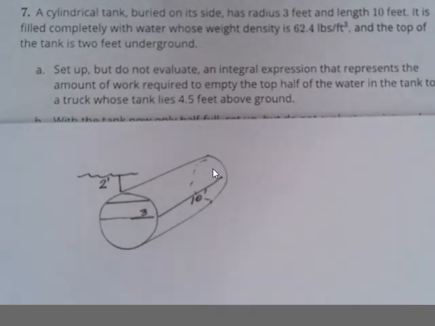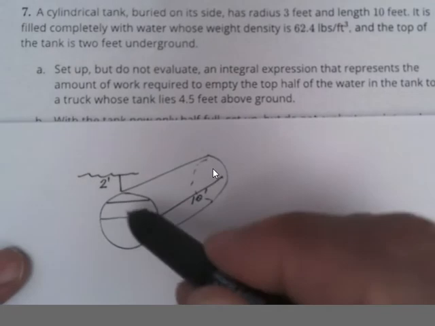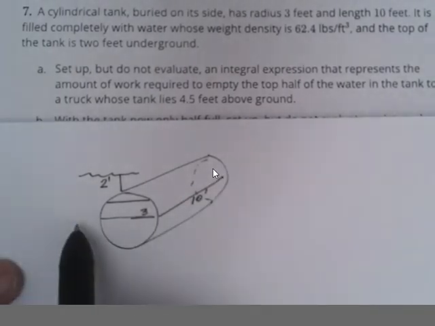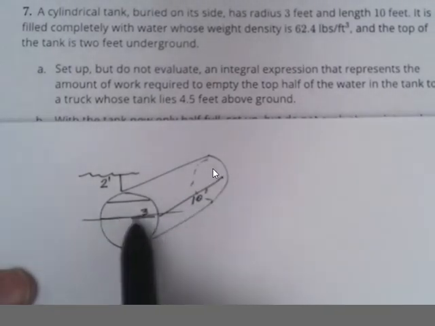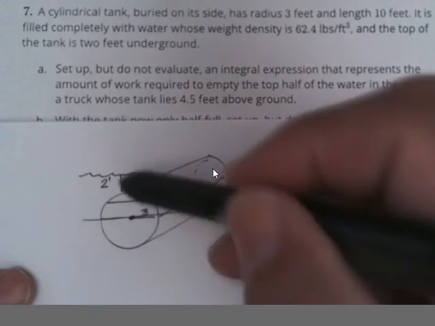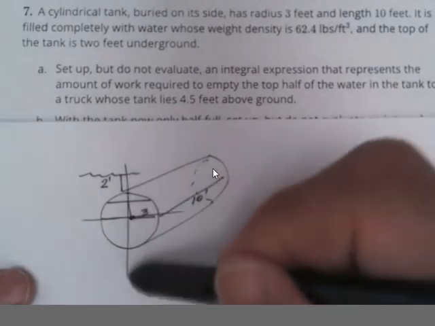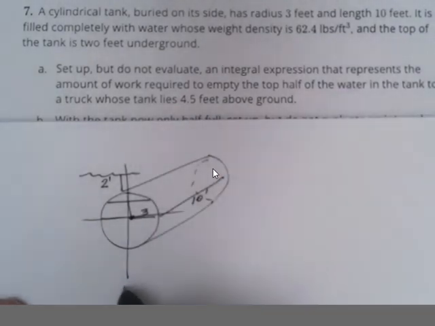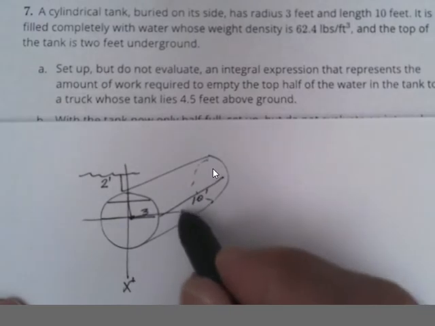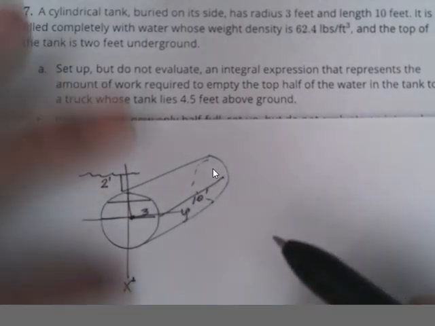So now I need to set my axis on this, and this time I'll still do the y sideways, but I'm going to put it at the center of the tank, just to make it a little easier. I'll put x positive down here, y positive here. Doesn't matter, I could put x positive up here.